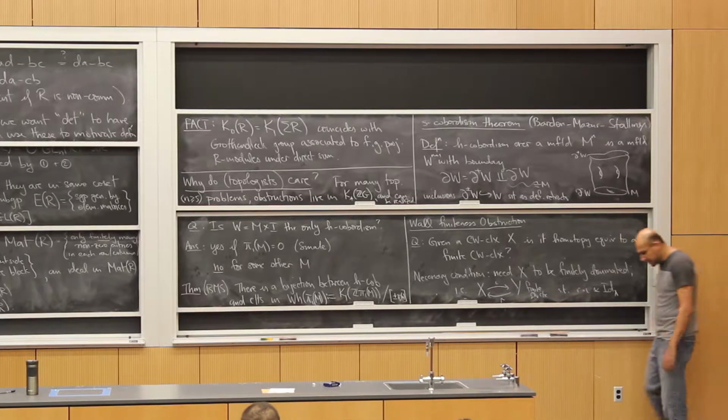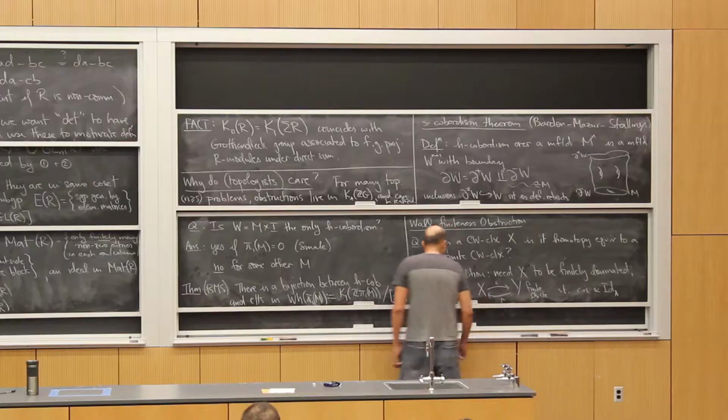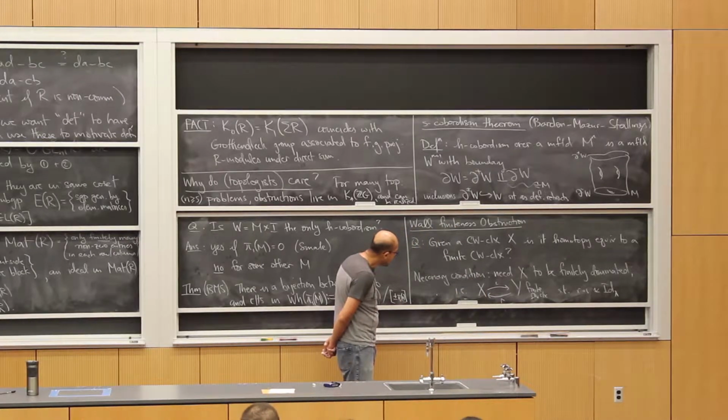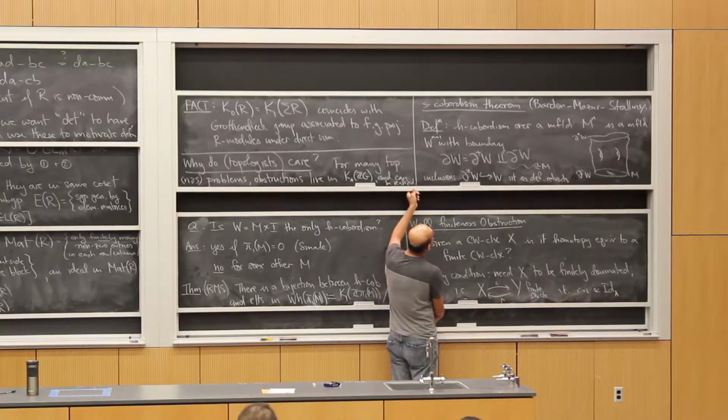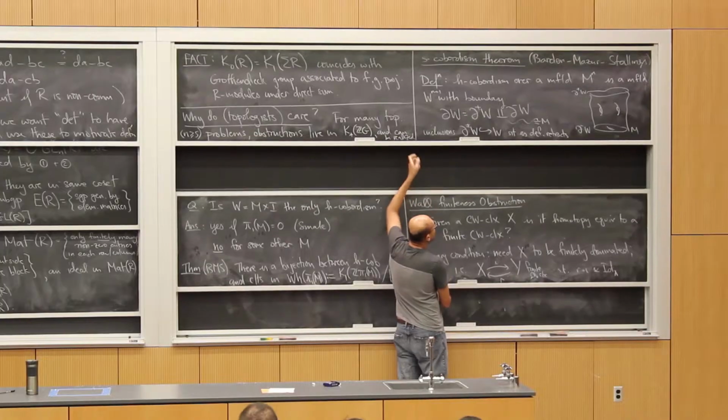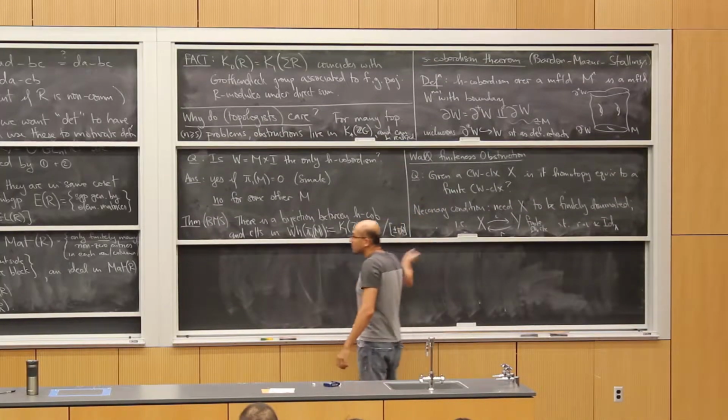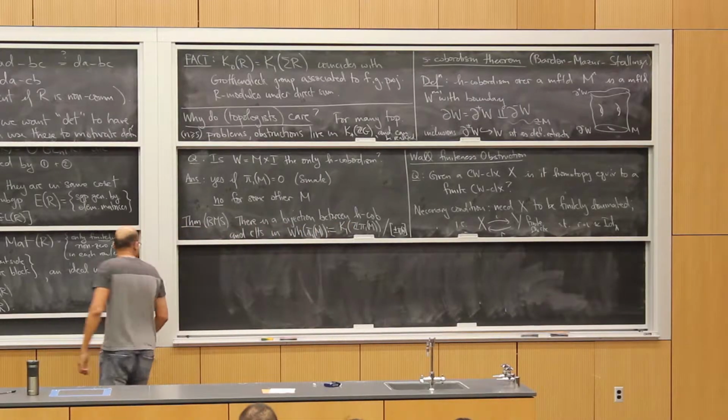If it's homotopy equivalent to a finite CW complex, you can certainly do that. And then the question is, is this necessary condition also sufficient? And this is where the Wall finiteness obstruction shows up.